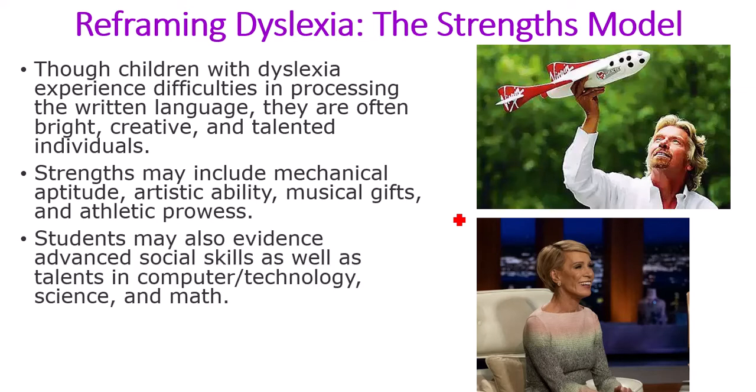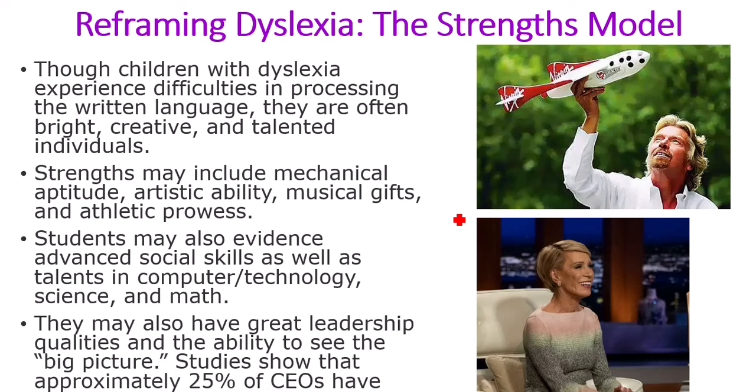Students may also have evidence of advanced social skills, talents in other areas like computers, technology, science, math, and they also tend to have great leadership qualities and the ability to see the big picture. So many studies have been done that show approximately 25% of CEOs have dyslexia.